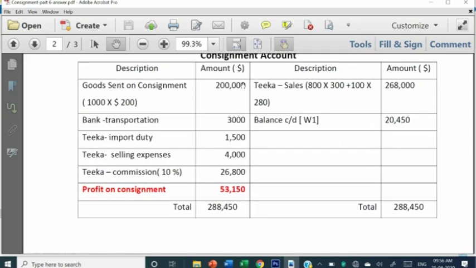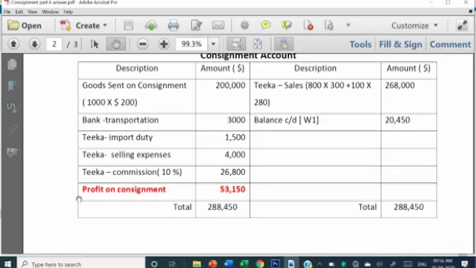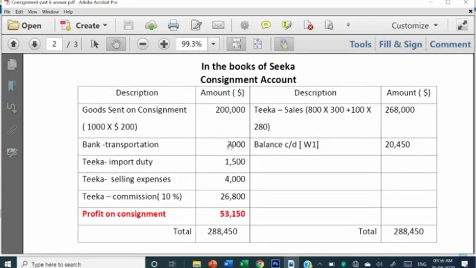Now all the entries are over. Let us balance the total on both sides, 288,450. Since the credit is greater than the debit side, it is a consignment profit. So profit on consignment is 53,150. So this is how you can prepare the consignment account.